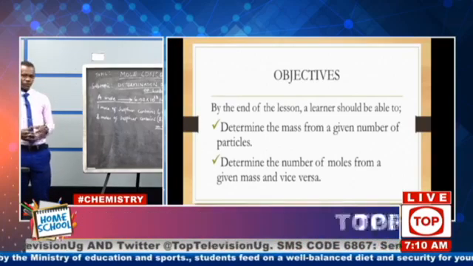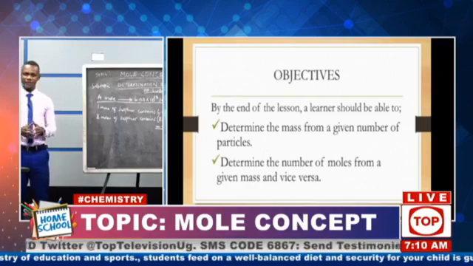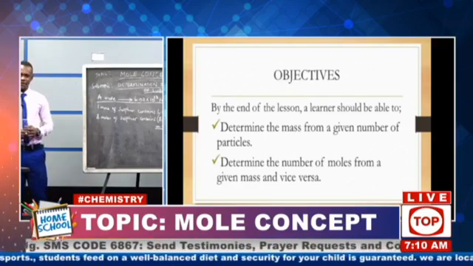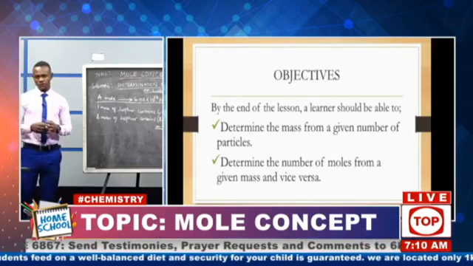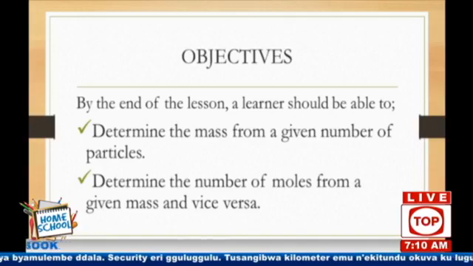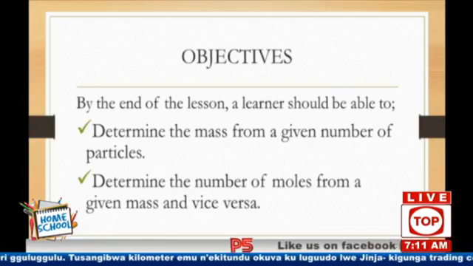That is going to be our first objective. We have to first make sure that everybody is able to determine the mass of a given substance from a given number of moles.